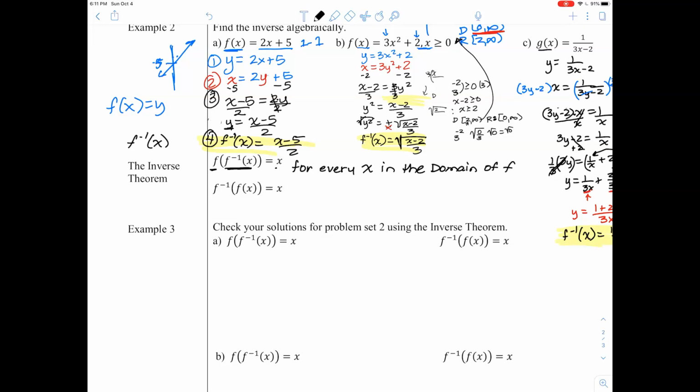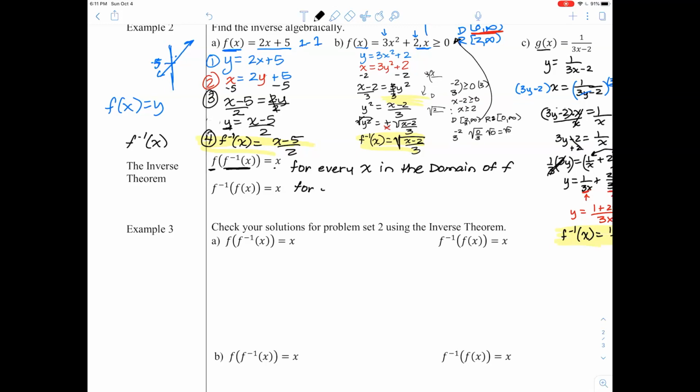And then you also have to go the other way and put the original function composed in the inverse function and see if that also simplifies to x.